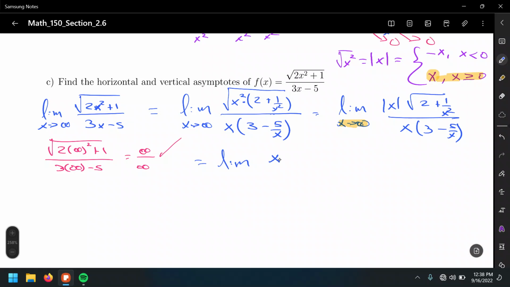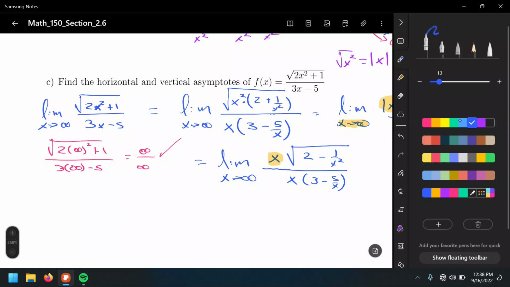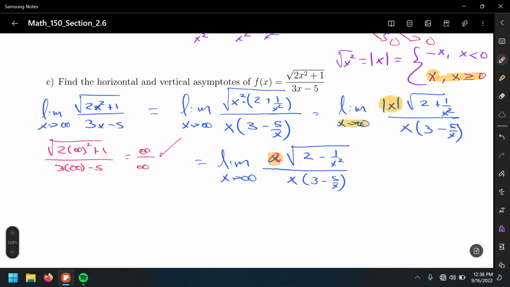Okay, let me also highlight this part. So x times the square root of 2 plus 1 over x squared, over x times 3 minus 5 over x, as x approaches infinity, and only then would we be able to divide out this x over x, which is the troublesome ratio here.